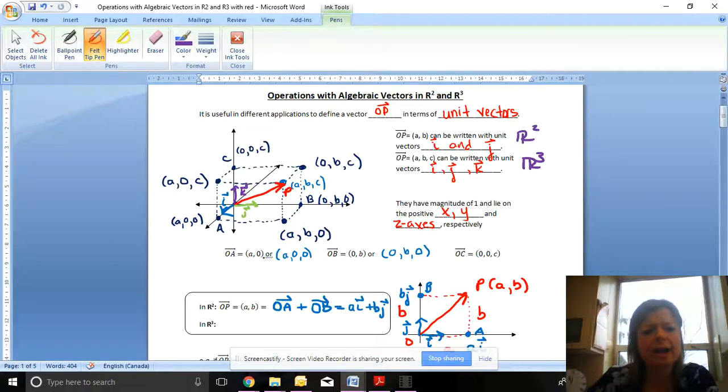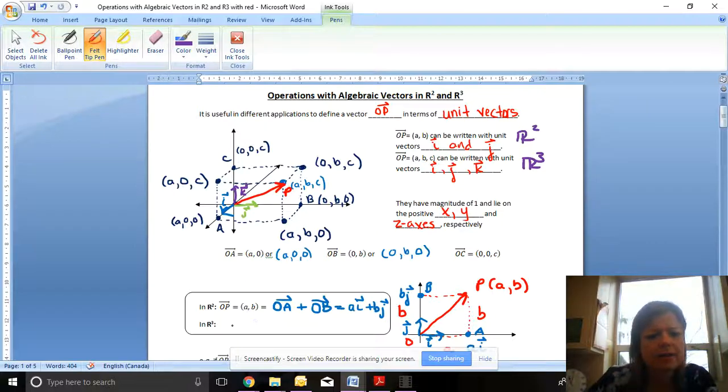So OA can be defined as wherever A ends up. OB can be defined as wherever B ends up. And OC is wherever C ends up. And so in R3, OP can be written as an addition of these three.